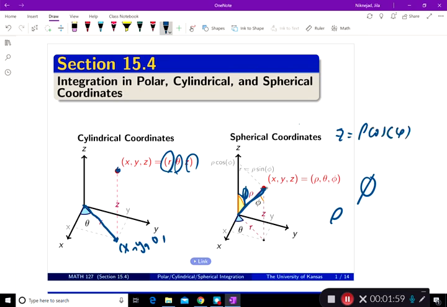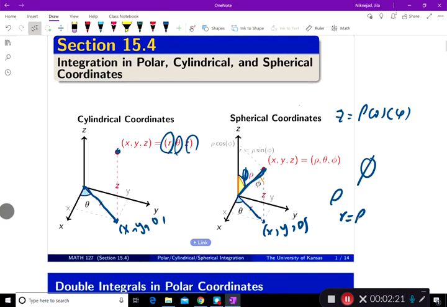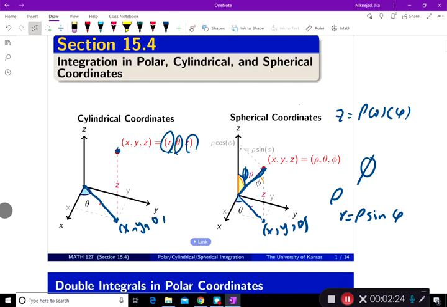Then you project the point onto the xy plane, and you realize that the distance of the projected point and origin is basically rho sine of phi. So r is going to be rho sine of phi.